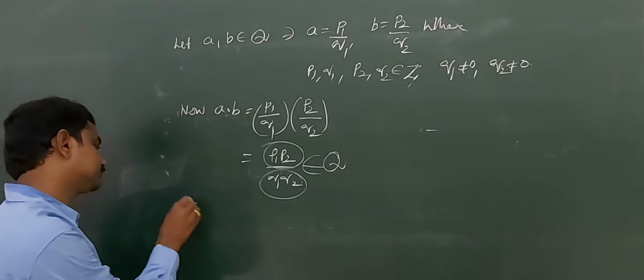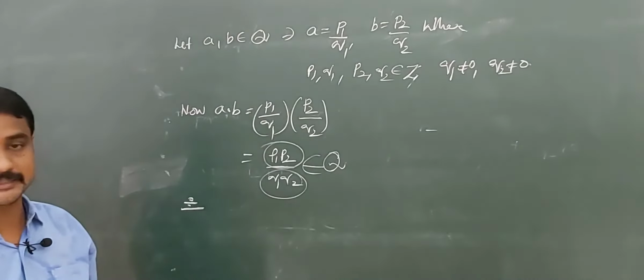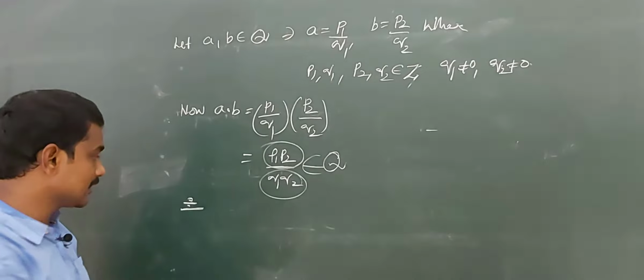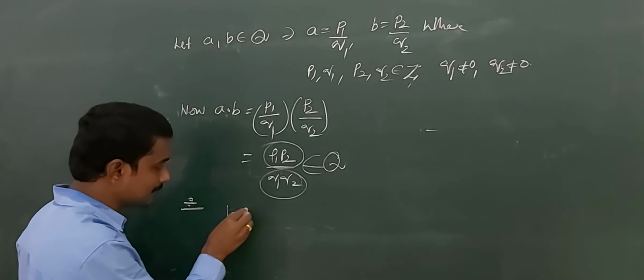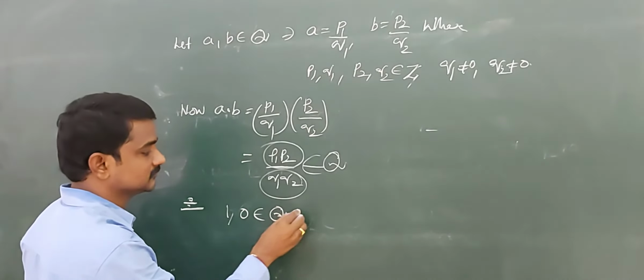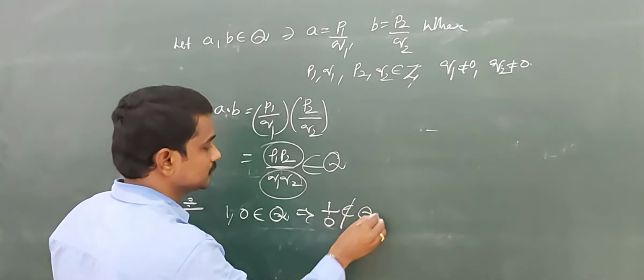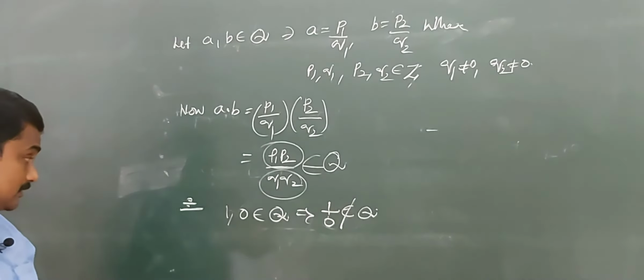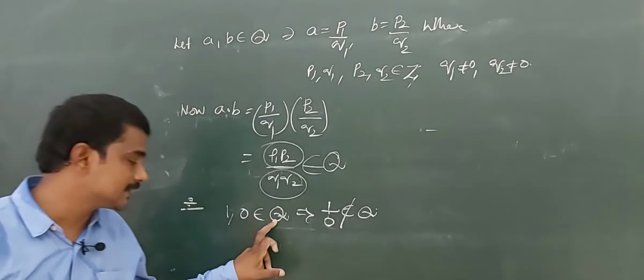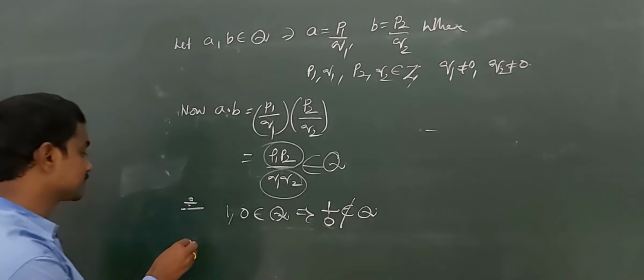Next, division. Division is not a binary operation on Q because 1, 0 belong to Q, but 1 by 0 is not defined and does not belong to Q. So division is not a binary operation on Q. Next, subtraction.